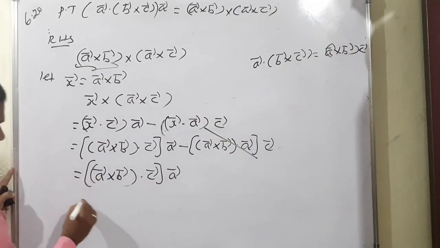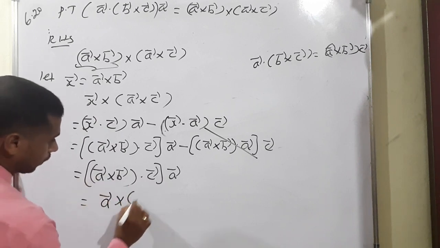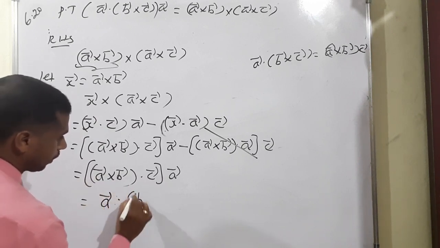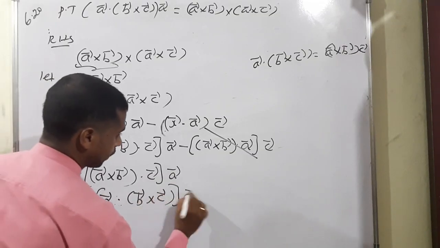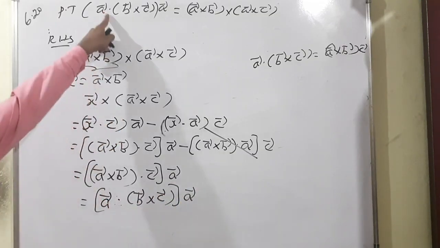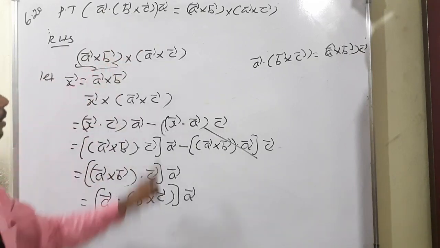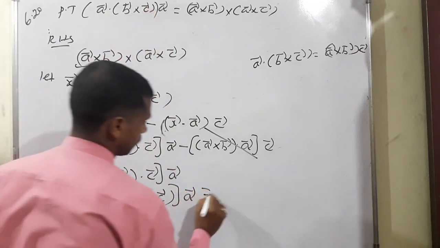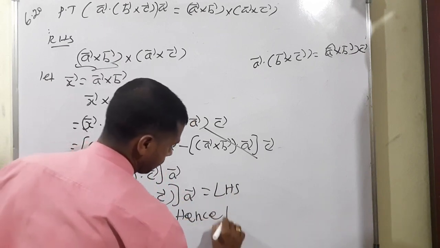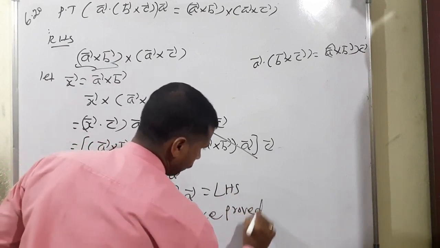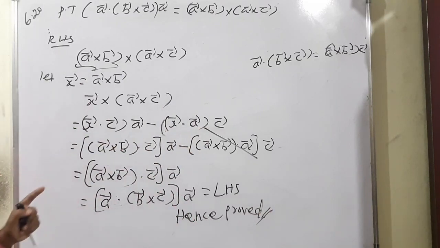Therefore we can write A vector dot (B vector cross C vector), then into A vector. Look at there, A vector dot (B vector cross C vector), outside A vector is there. This is called LHS. Hence proved. Okay, so this is one of the important ones, as well as example 6.19.